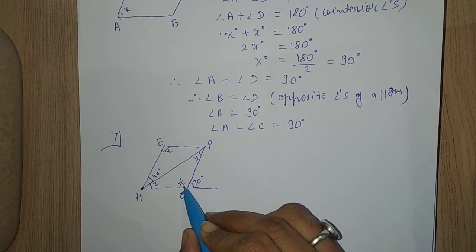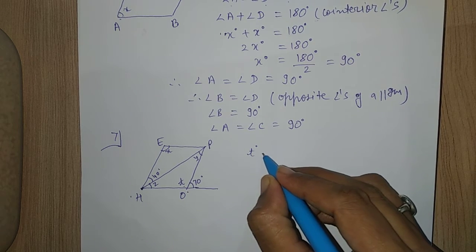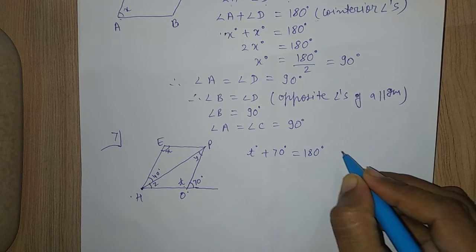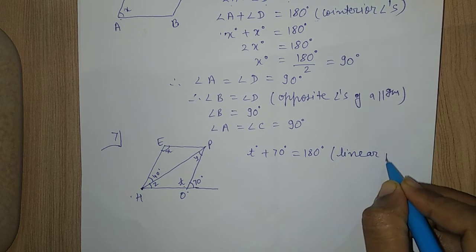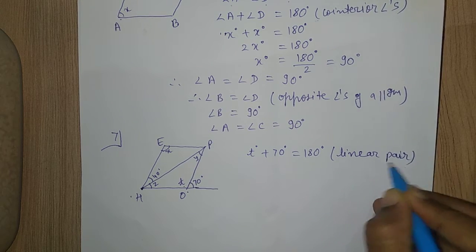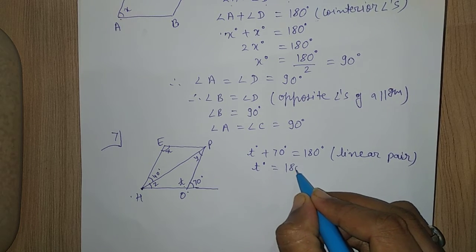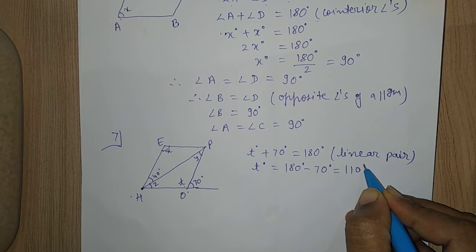Let we consider this angle is equal to t degree. So t degree plus 70 degree is equal to 180 degree. Since these angles are forming linear pair, so their sum is 180 degree. So t degree is equal to 180 degree minus 70 degree, that is 110 degree.